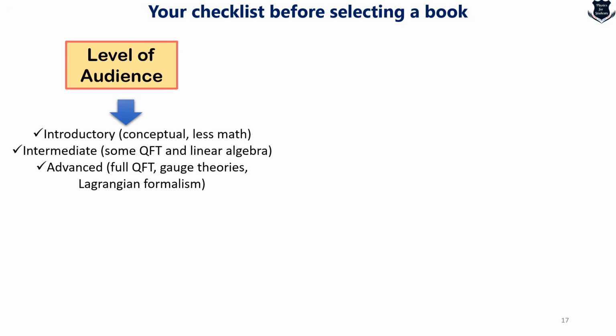You might be looking at particle physics at an introductory level, so see whether the audience level of the book is introductory, intermediate, or advanced. Because if your knowledge is at intermediate level, you cannot select an advanced book. If you are at an introductory level, you cannot select an intermediate level book. So the level of audience whom the book is targeted towards is very important to know.